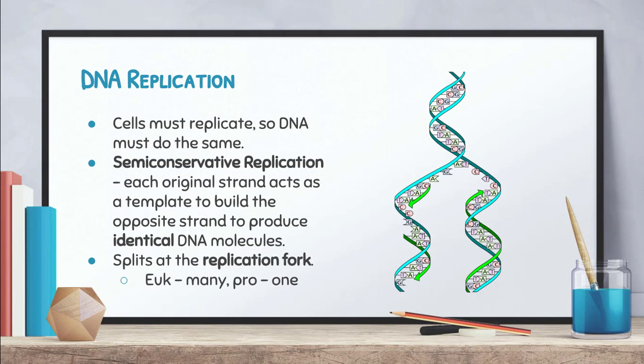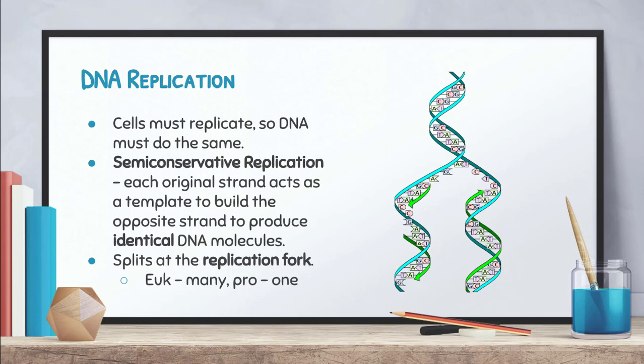So why does DNA have to replicate? Well, cells replicate. Cells make copies of themselves all the time. And so DNA has to be able to do the same. Now, how this occurs is what's known as semi-conservative replication, which means that each original strand acts as a template to build the opposite strand to produce identical DNA molecules.